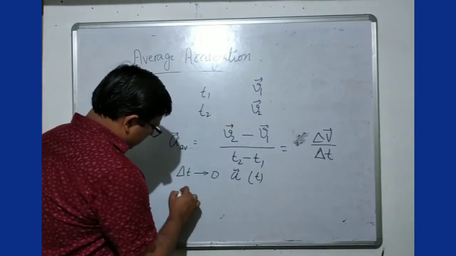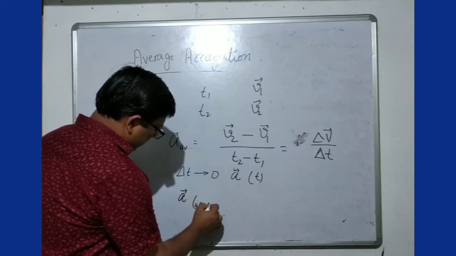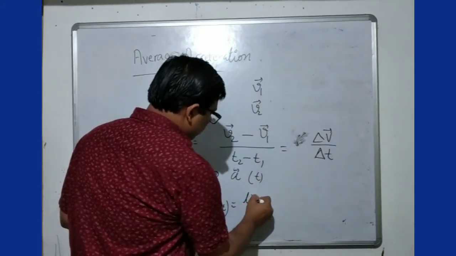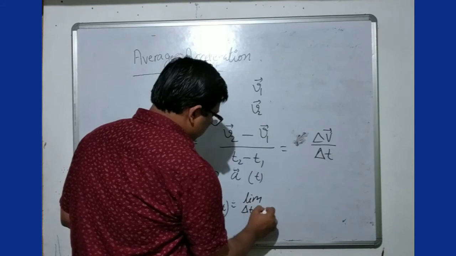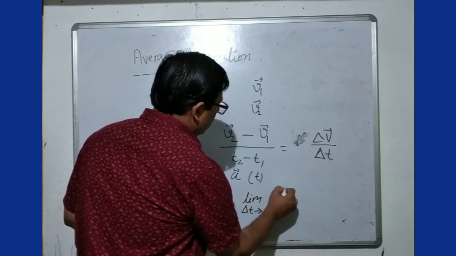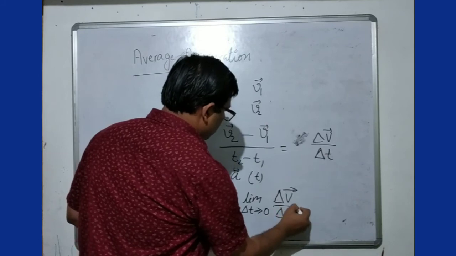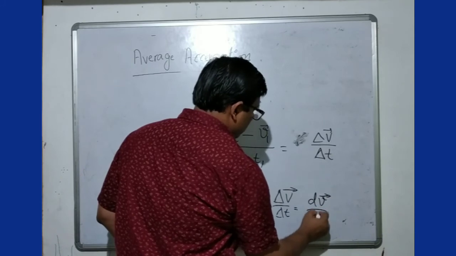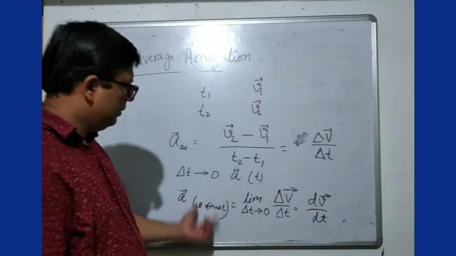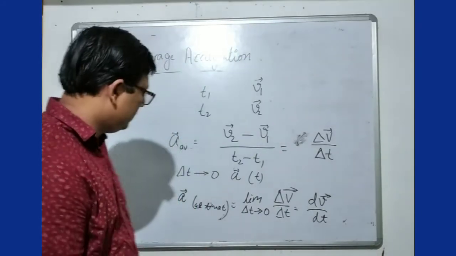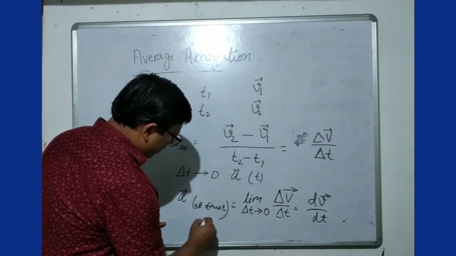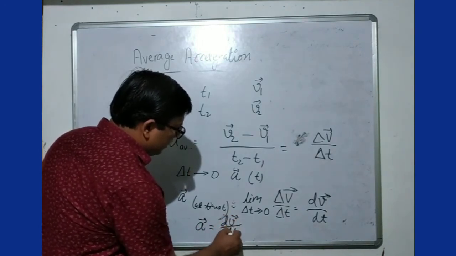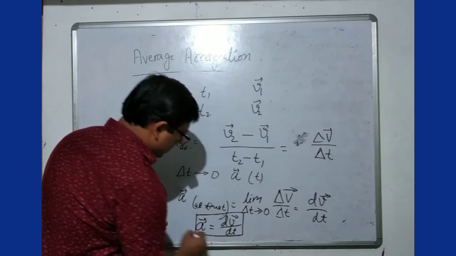So acceleration at time t will be limit del t tending to 0 del v by del t, that is the rate of change of velocity at a particular time t. So average acceleration is one thing, and this acceleration is also called instantaneous acceleration.